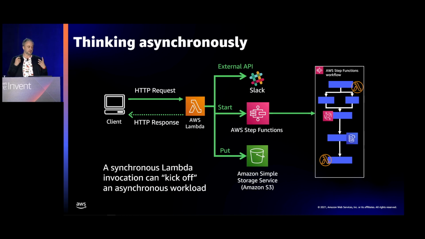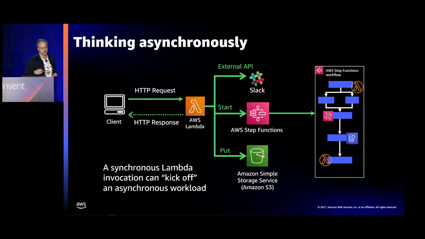Now, this is where it gets a little bit confusing, because just because you invoke your Lambda function synchronously, it doesn't mean you can't kick off asynchronous background processes. You can. So one example would be I could invoke my Lambda function using API Gateway, and then in my Lambda function code, I can use the SDK to schedule a Step Functions workflow.